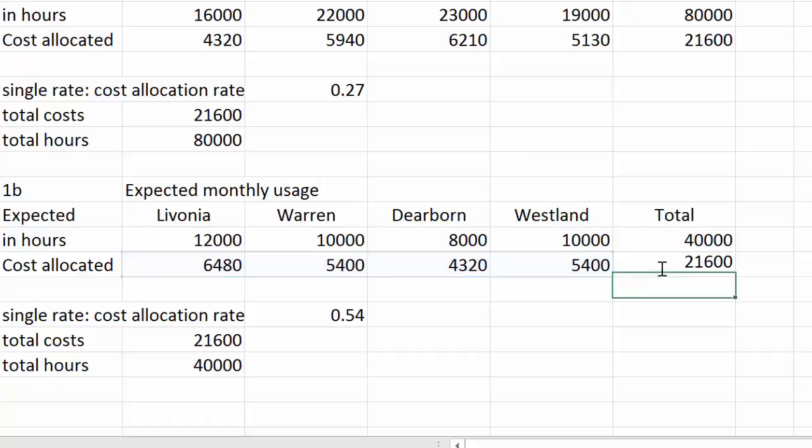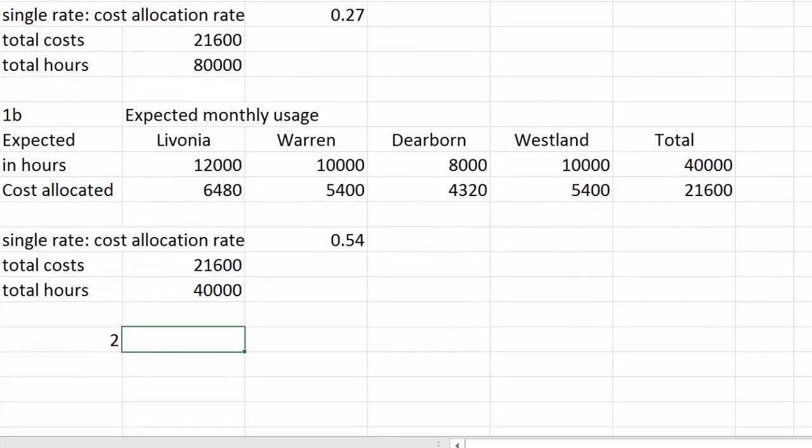Alright, so after that you should get 21,600. So that's about question A, single rate. Very simple. You just need to specify what cost allocation base units I'm going to use and how to allocate. So pretty simple. Now let's go to part 2.